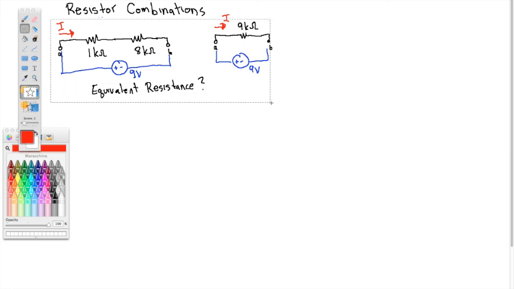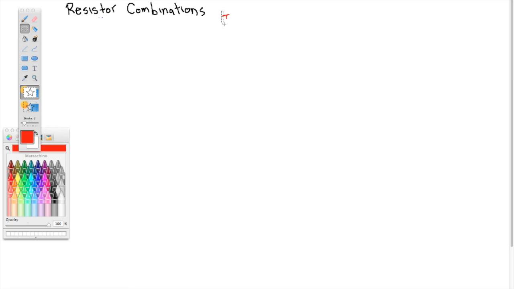I'm going to get rid of this here. And let's suppose I have a bunch of resistors here connected. This is called in series. We'll define in series in a little bit.